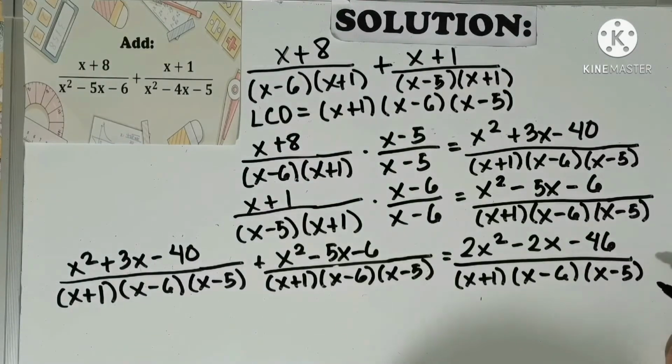Now our final answer is 2x squared minus 2x minus 46 over the quantity x plus 1 multiplied by the quantity x minus 6 multiplied by the quantity x minus 5.